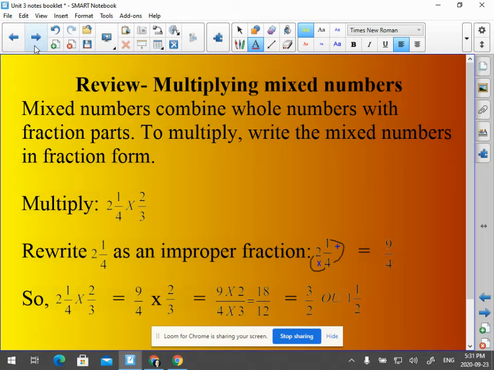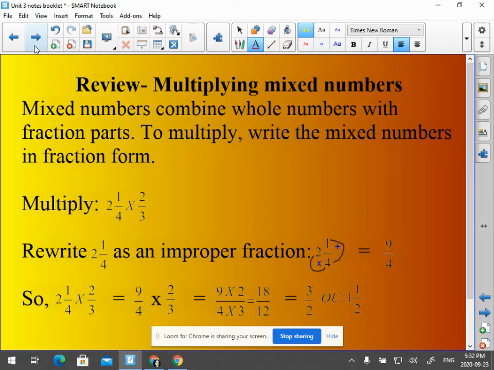To switch from a mixed fraction to an improper fraction, we take the whole number, multiplied by the denominator, and then we add the numerator. If we are looking at 2 1/4, we are saying 2 times 4, which is 8, and 8 plus 1 is equal to 9. So 9 becomes our numerator and our denominator stays the same.